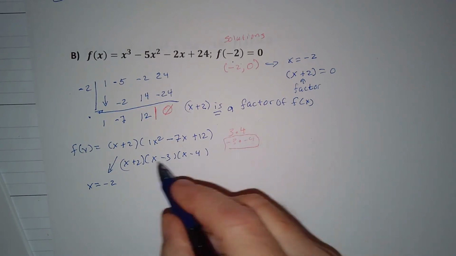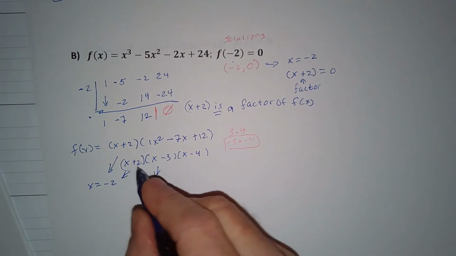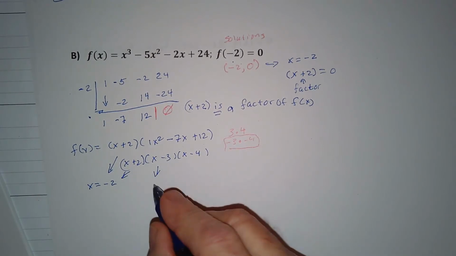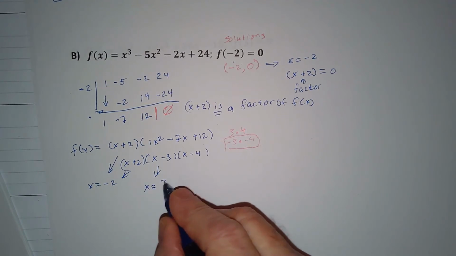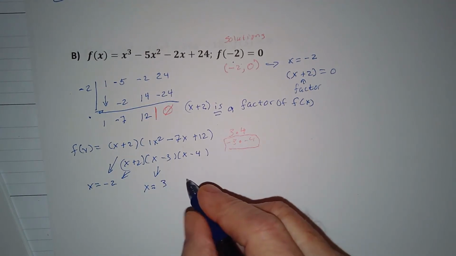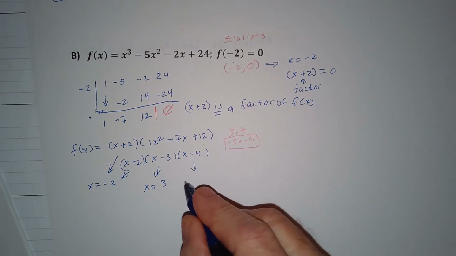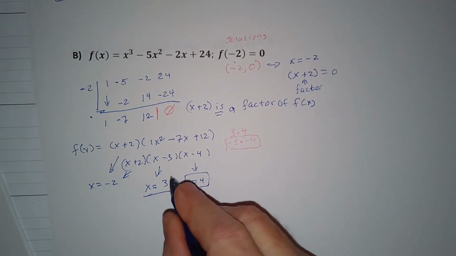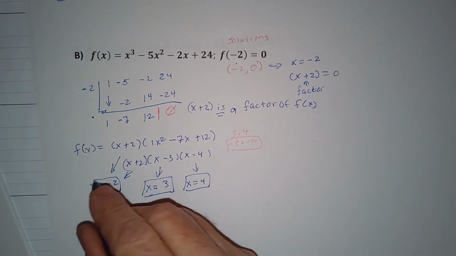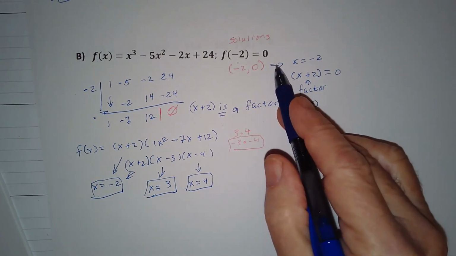Now that I've got that, then I know that this one, of course we said x plus 2 equals negative 2, x minus 3, x has to equal positive 3, right? X minus 4, x has got to equal 4. So these are our 3 solutions for x when y equals 0. Okay? Remember, y is equal to 0.